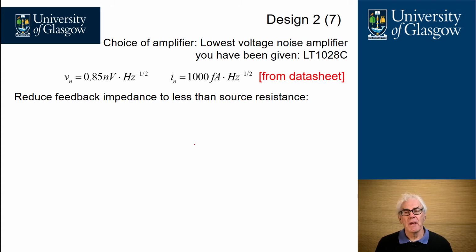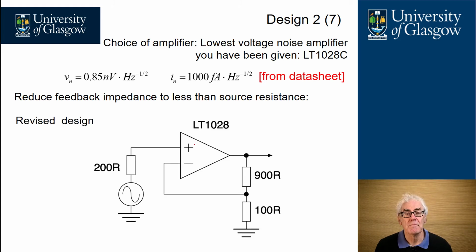Presently, we have the amplifier configured with a gain of ×10 using a 9K resistor and a 1K resistor. Let's see what happens if we change the resistor values to lower values. Does that also improve our noise performance? So here's our revised design.